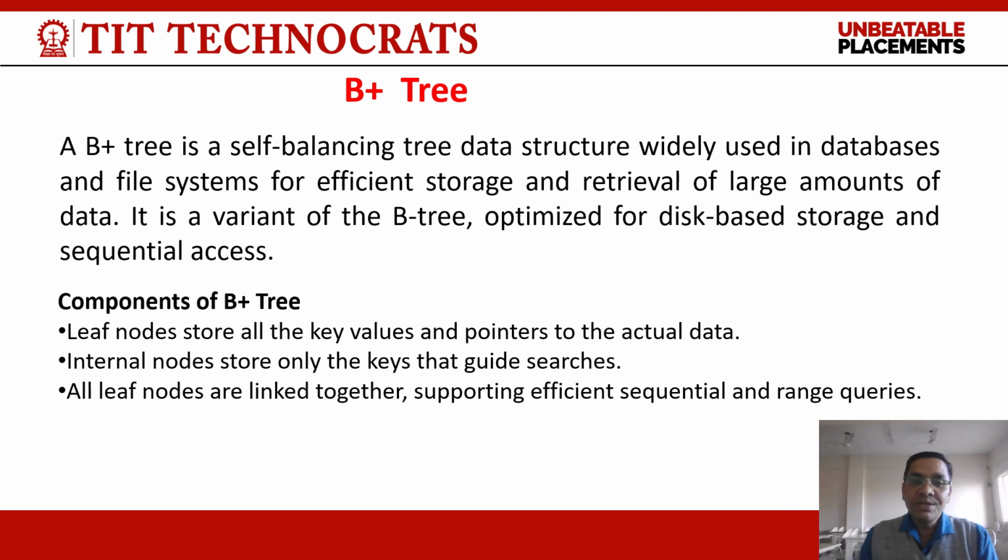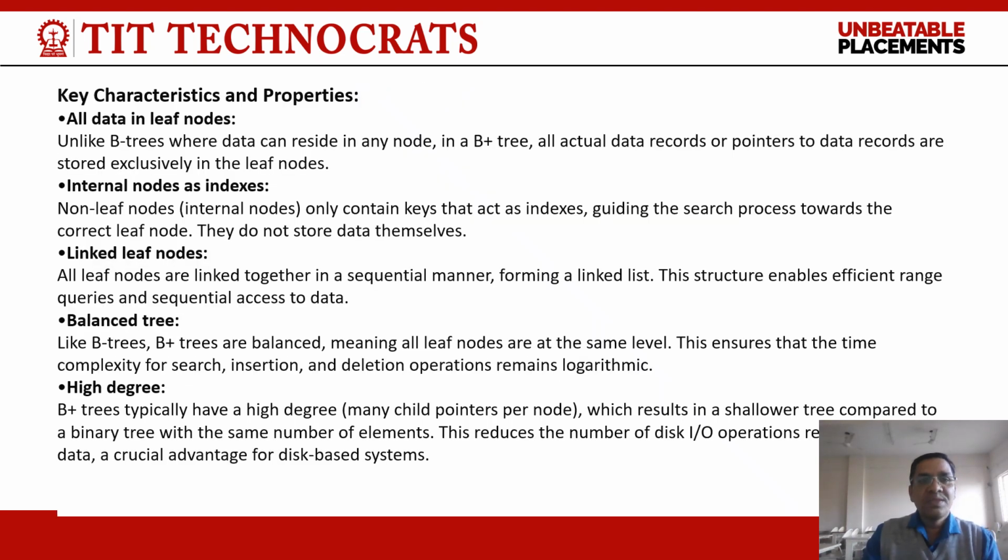Components of a B plus tree: leaf nodes store all the key values and pointers to the actual data. Internal nodes store only the keys that guide the searches. All the leaf nodes are linked together, supporting efficient sequential and range queries.